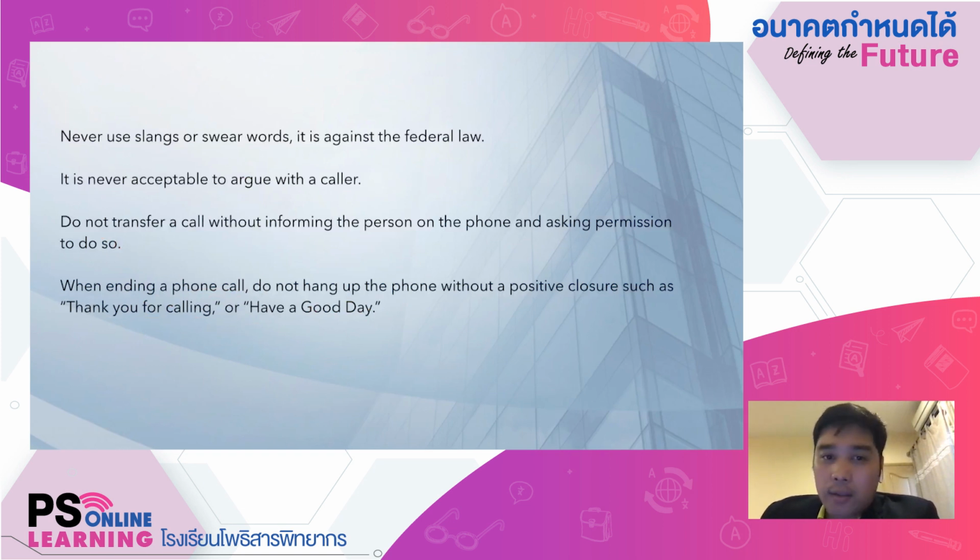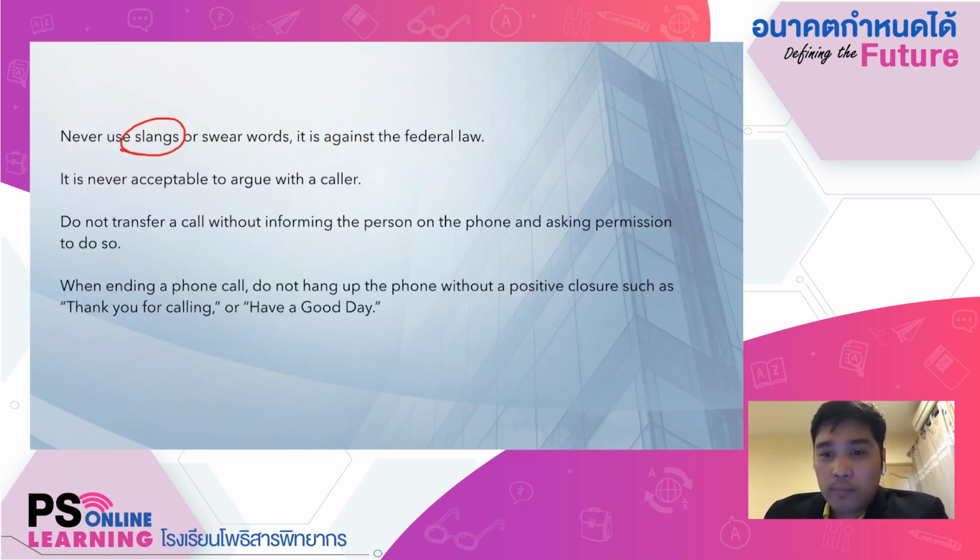Never use slang or swear words. It is against the federal law. Okay? Never use slang. Slang means what? Slang means words used in a small group. For example, Lu language, or in Thai we have กินเตี๋ยว, เตี๋ยว means what?